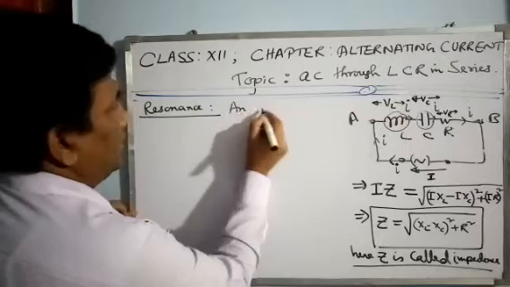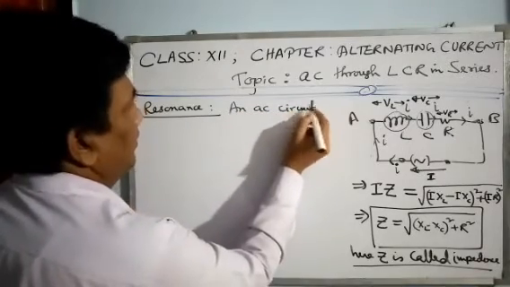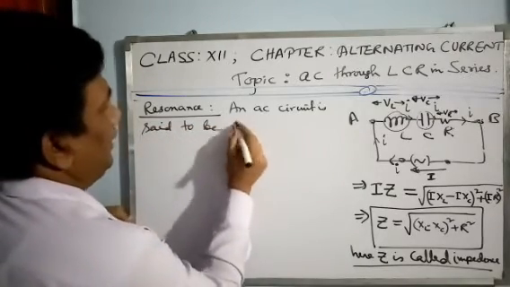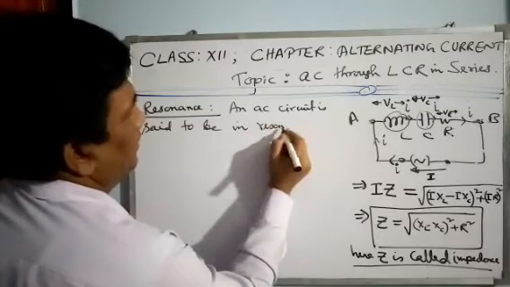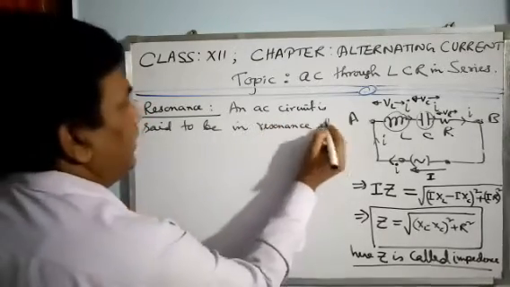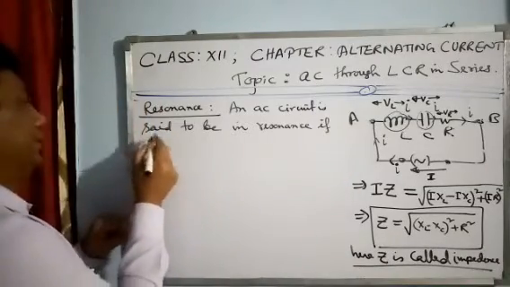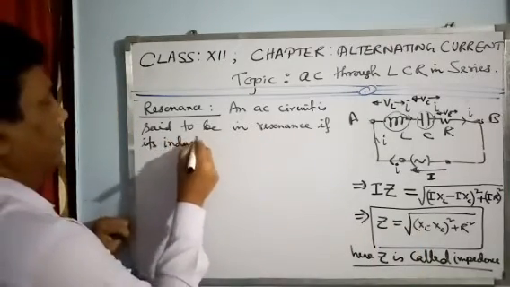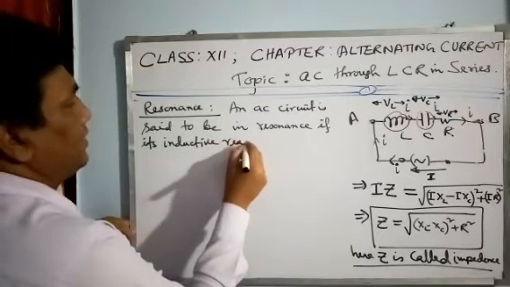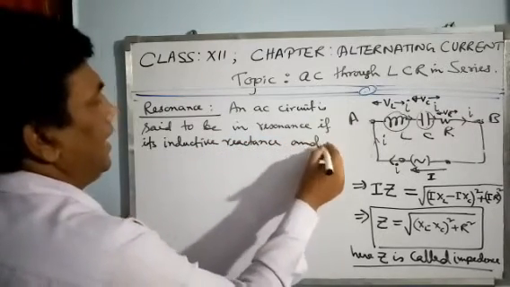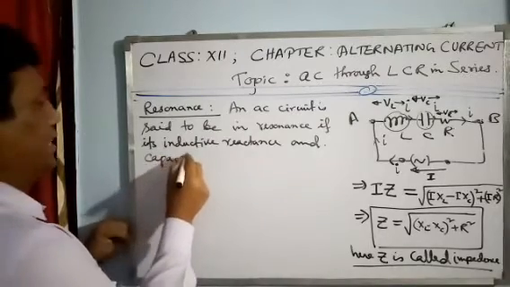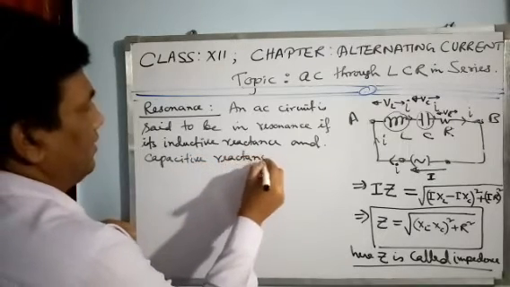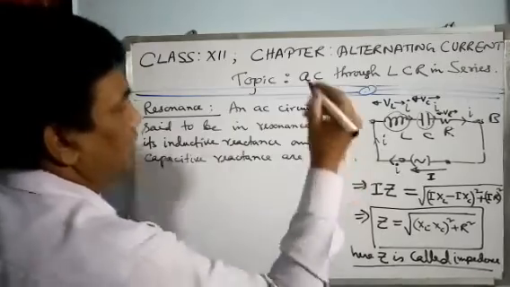An AC circuit is said to be in resonance if its inductive reactance and capacitive reactance are equal.